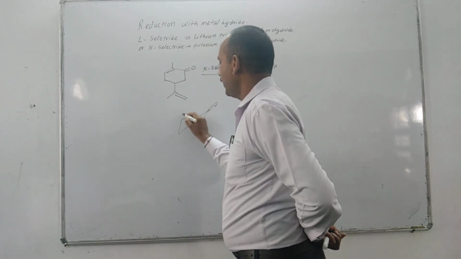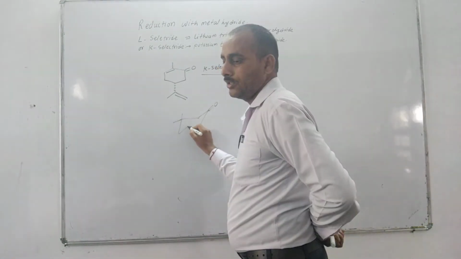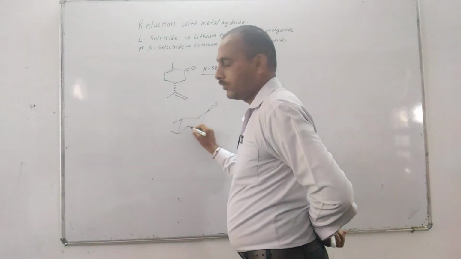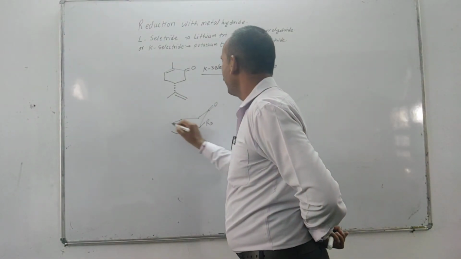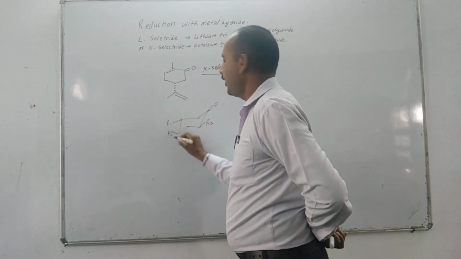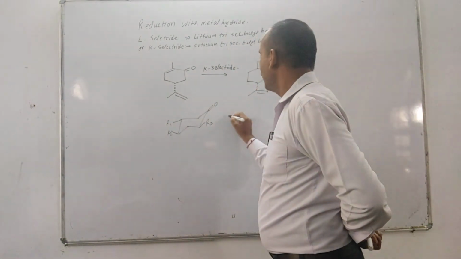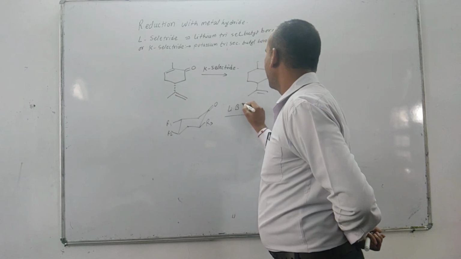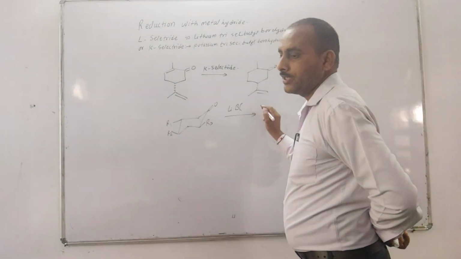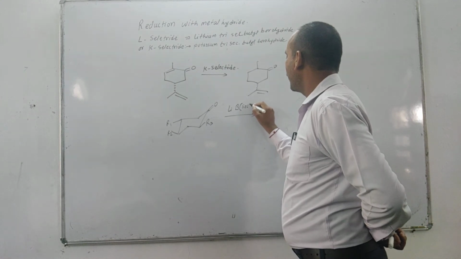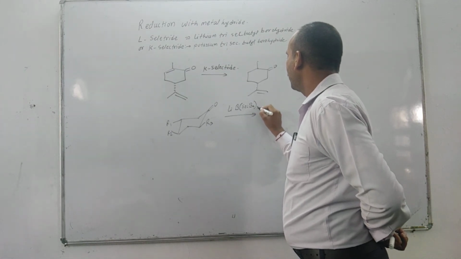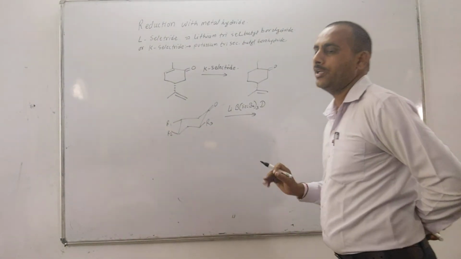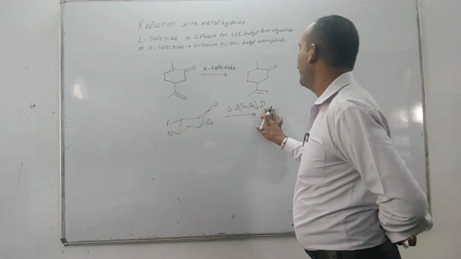Carbonyl group present here. Here is a substituent. There is R3, R1, R2. Then lithium tri-sec-butyl deuterated hydride. Instead of borohydride, it is deuterated hydride.